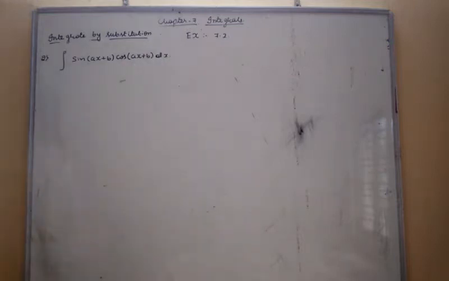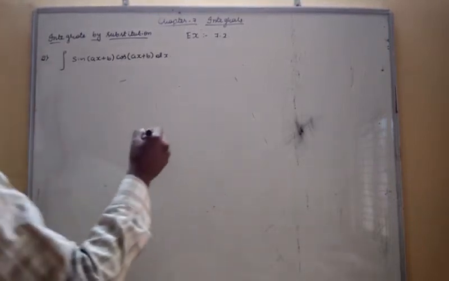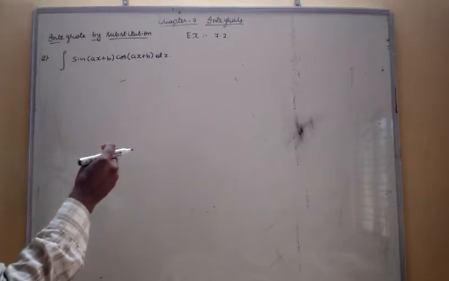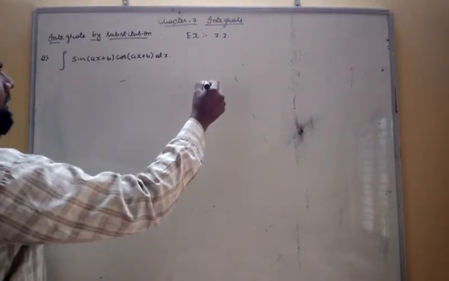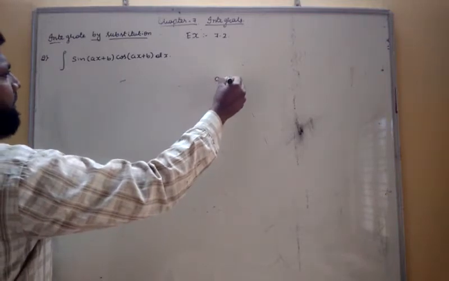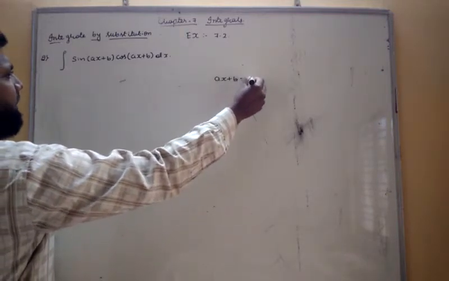Okay, so here we have to substitute. So let us take the substitution here. If you substitute, ax plus b is equal to t.